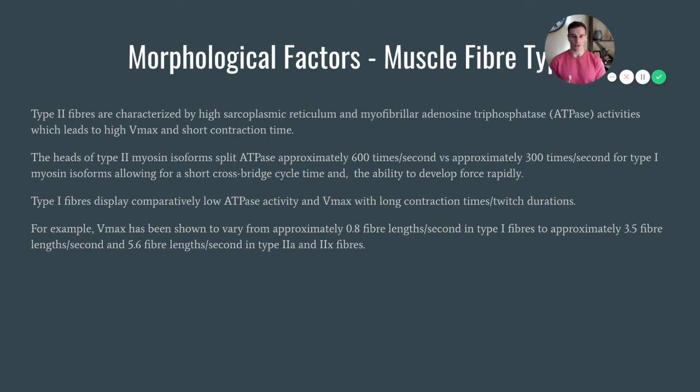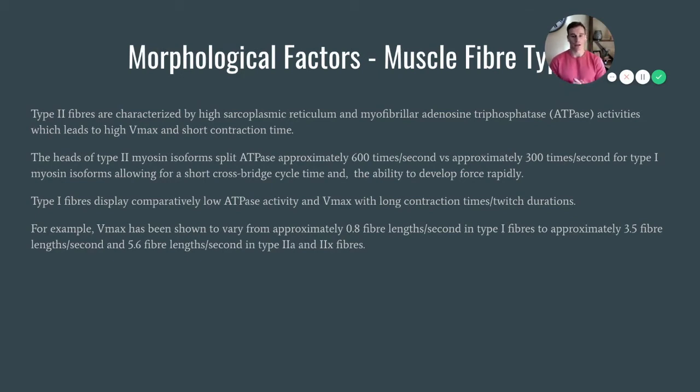As a comparison, type 2 muscle fibers can split ATPase, which is what they need to do to produce ATP, approximately 600 times per second versus approximately 300 times a second for type 1 muscle fibers. That speeds up cross-bridge cycling time, the speed of muscle contraction, which in turn affects the ability to develop force quickly.